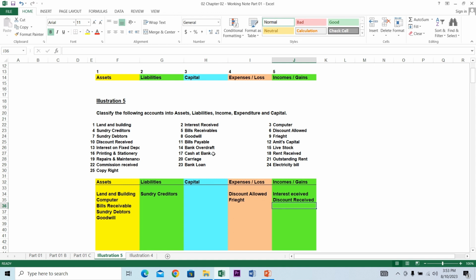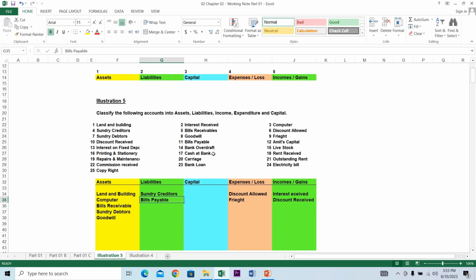Bills payable means money that is to be paid, so it is a liability. So bills payable is a liability. Bills receivable is an asset. Bills payable is a liability. Sundry debtors is an asset, sundry creditors is a liability. So like that. Then the 11th point, bills payable, is done.